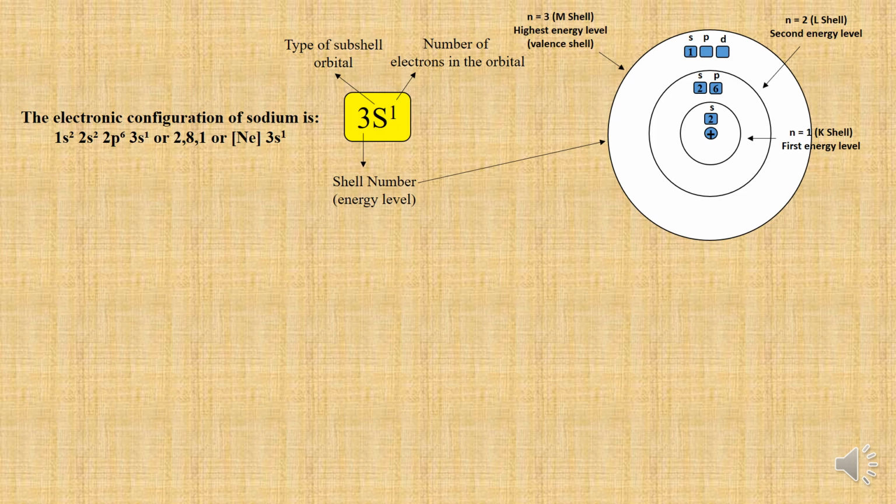Now, in case of sodium, the shell number will be 3, where you find the valence electron housed in the s orbital, and you find only 1 electron in the s orbital in the third energy level, and that is represented as 1, which is superscripted after the letter S.